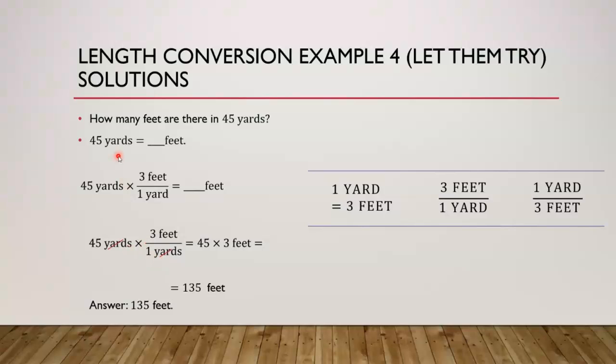You want that unit of measurement for length to cancel. And this will cancel. We're left with feet. And then we do 45 times 3, which is 135 feet. So that's what happens here. Are there any questions about this? Please, if you have any questions, don't be afraid to ask.